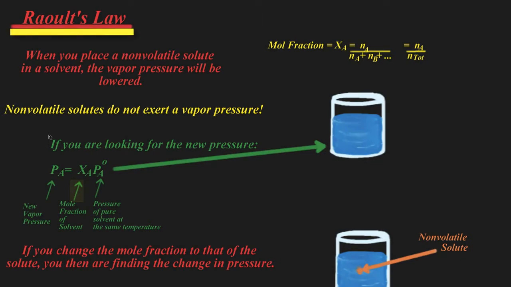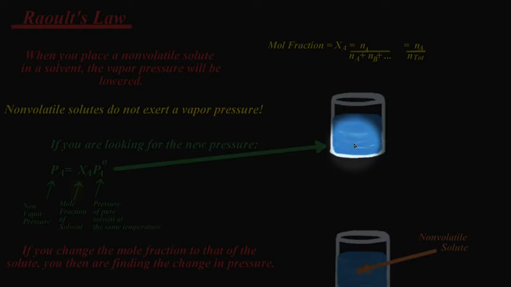Today we're going to be looking at the concept of Raoult's Law. What is Raoult's Law? Well, Raoult's Law has to do with the fact that whenever you have a pure solvent that has a known vapor pressure at a specific temperature, and you add a non-volatile solute to it, the solvent begins to interact with the solute, thereby decreasing the entropy, thereby decreasing the amount of molecules that go from a liquid to a gas phase.